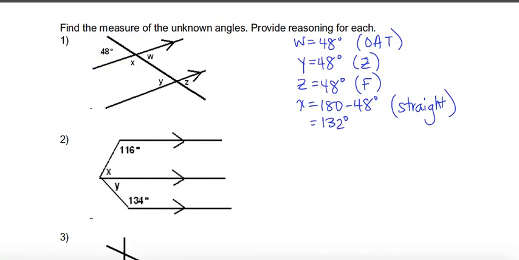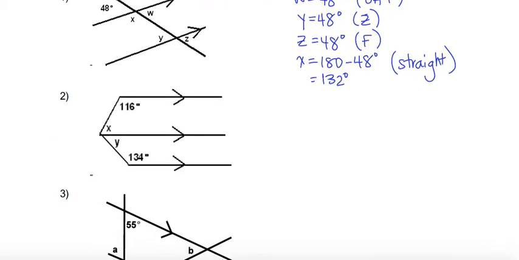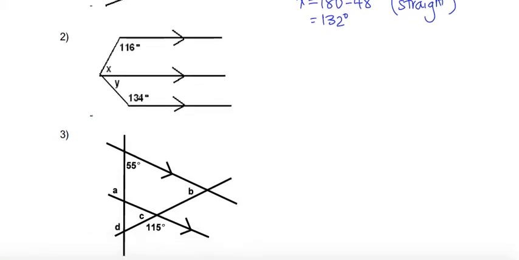So now let's take a look at example 2. Same thing, we want to look for these missing angles. And at this time, I'm going to use the C pattern. So I've drawn a C here at the top. So this tells me that 116 plus X is going to give me 180.